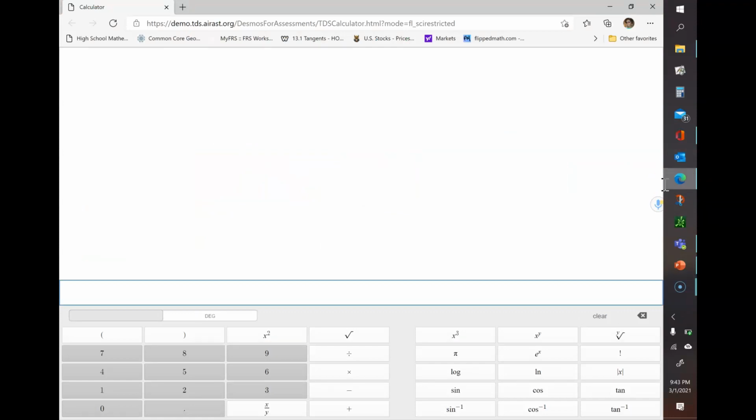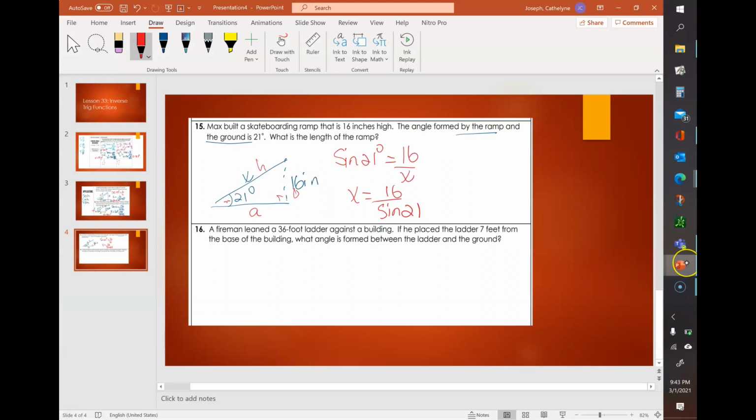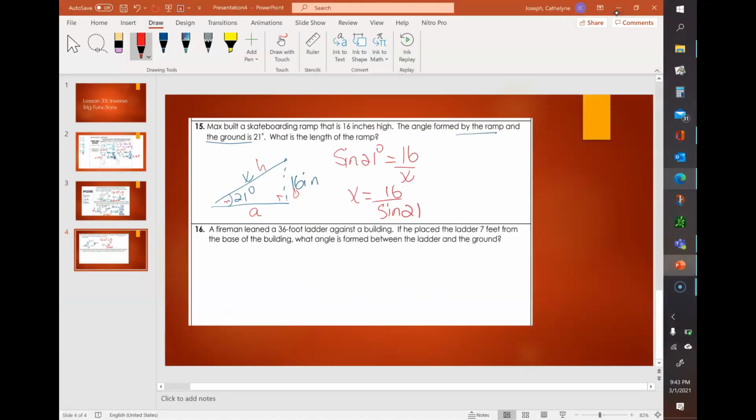So we're doing 16 over sine of 21 degrees. And we get 44.6. So that will be the length of the ramp in inches.